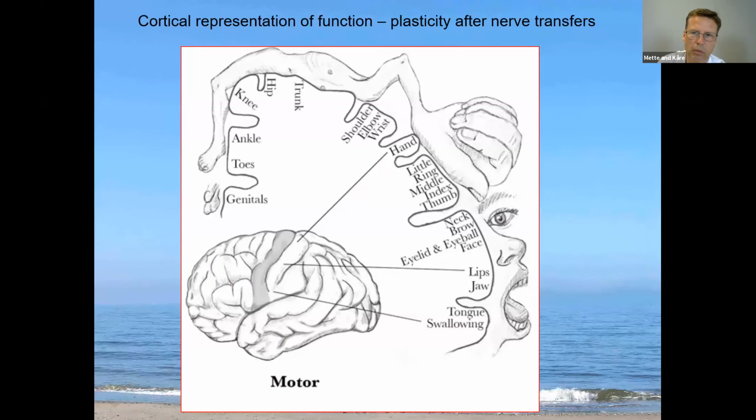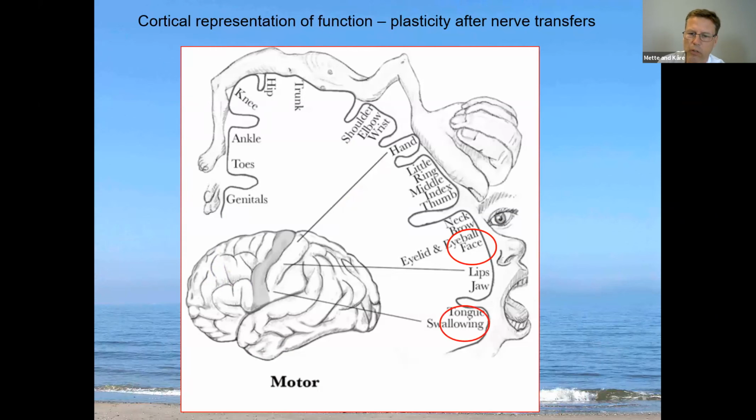So the last thing I want to stress in this presentation about the anatomy is the cortical representation of the facial movements, and that is because that is here, you know, the homunculus, and the face is here, the tongue is here.